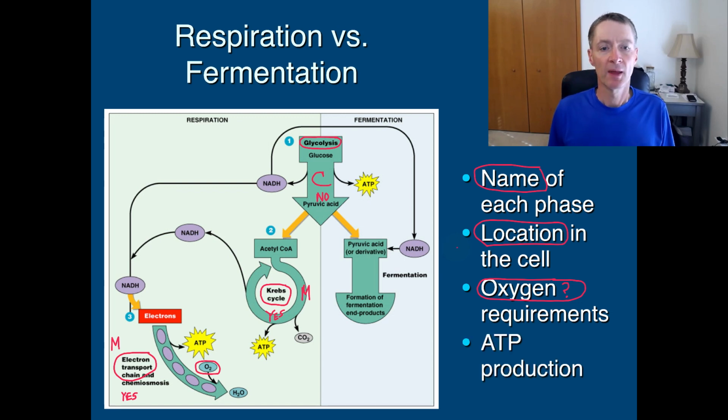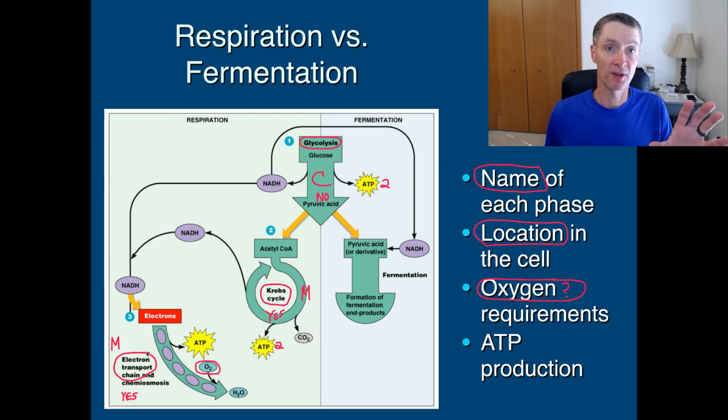Finally, ATP production. What is the quantity of ATP molecules we get from each of these 3 stages? The answer for glycolysis, we only get 2 ATPs. The answer for Krebs cycle, again, we only get 2 ATPs.